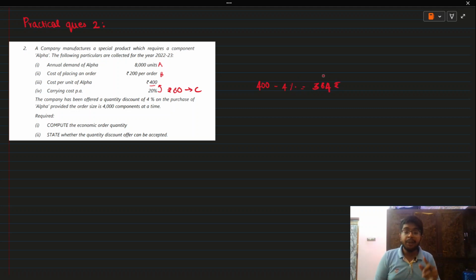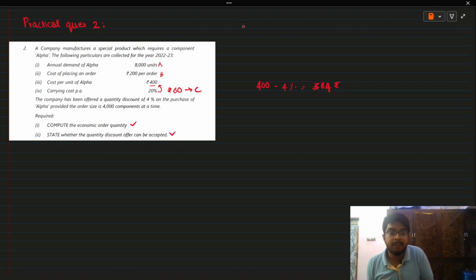So if we order 4,000 units per order, the unit price will be 384 rupees instead of 400 rupees. We have to compute the EOQ and state whether the quantity discount offer can be accepted.